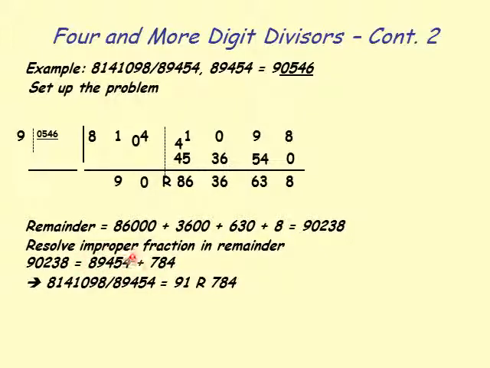We'll extract a group of 89,454 and change that to one more in the quotient column, and the remainder would be 784. We already had 90 groups of 89,454. We'll get one more group because 90238 is more than the divisor. So that means 8141098 divided by 89,454 is 91, remainder 784.